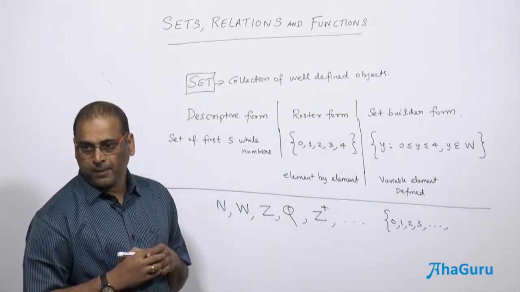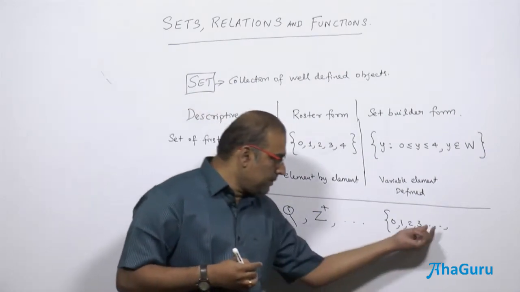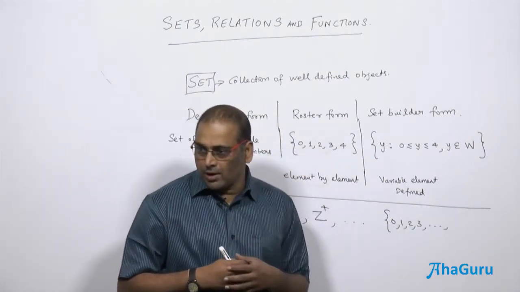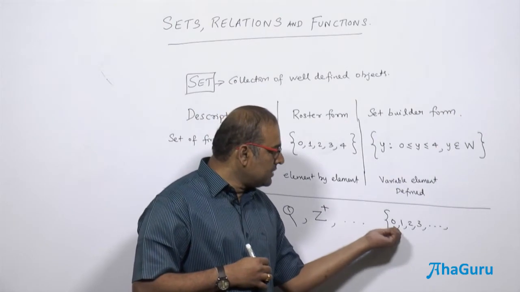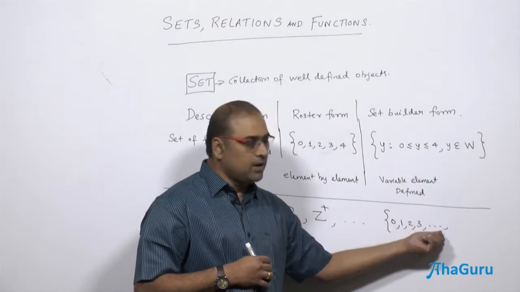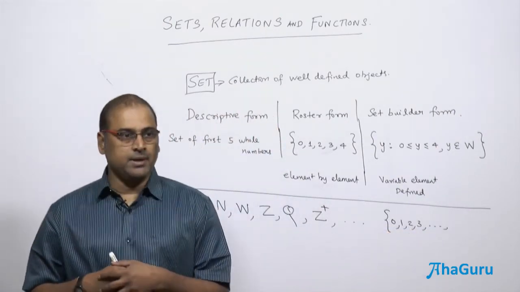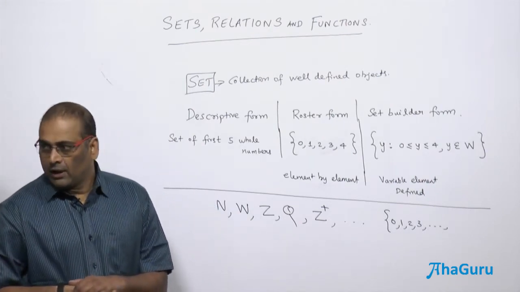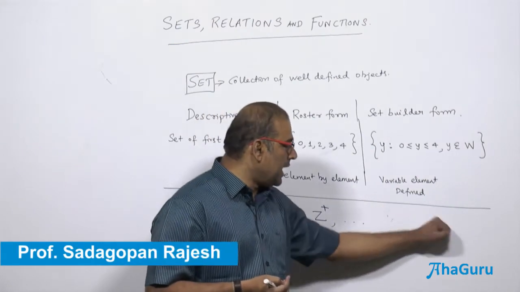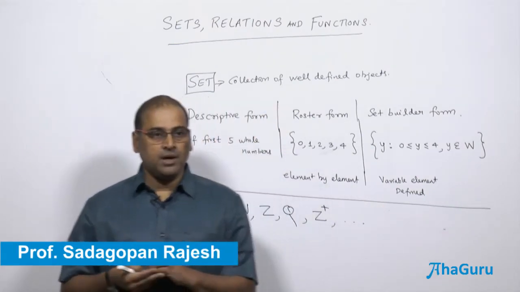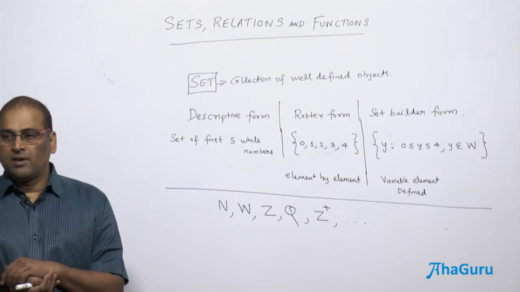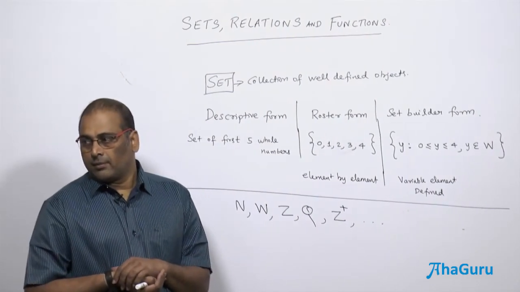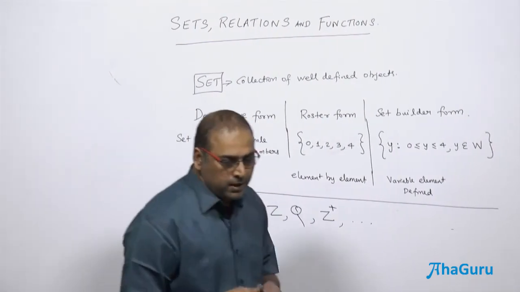It may not be taken as 'this goes on'. It may be taken as 0, 1, 2, 3 are elements, and this ... also becomes an element. Strictly speaking, there is a strict notation. So if the size is large, it's better to use set builder notation. Correct? So this is how you represent sets.